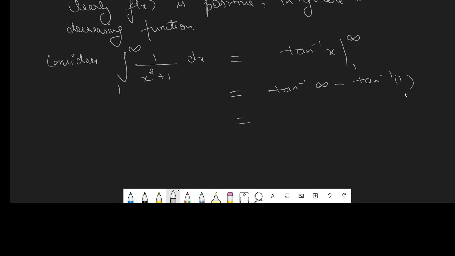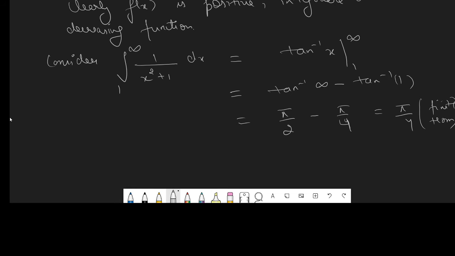Tan inverse infinity is pi by 2 and tan inverse 1 is pi by 4, so the answer will be pi by 4, and this is a finite term.